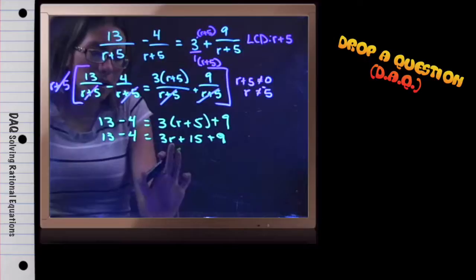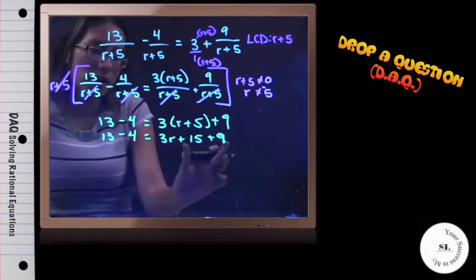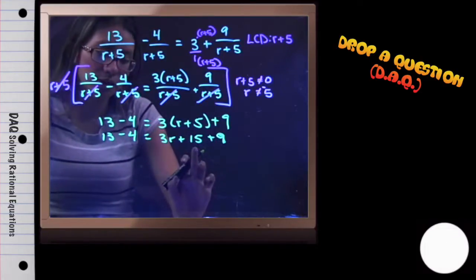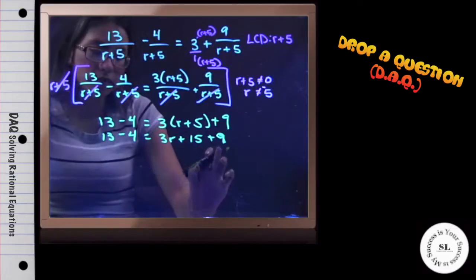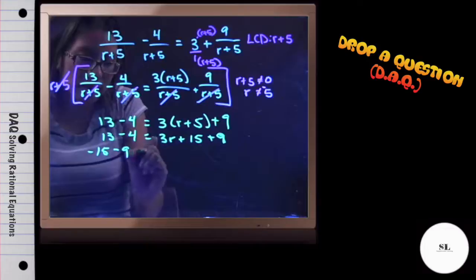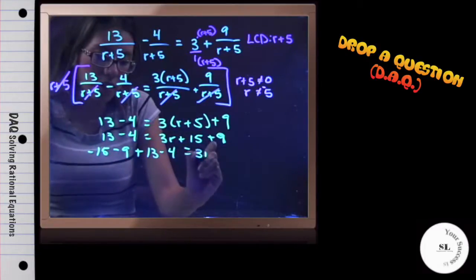And now I can get my r's on one side of the equation. So because 3r is my only r here, I can go ahead and move everything else to the other side. So I can subtract 15 and subtract 9. So I'll have minus 15 minus 9 plus 13 minus 4 equals 3r.